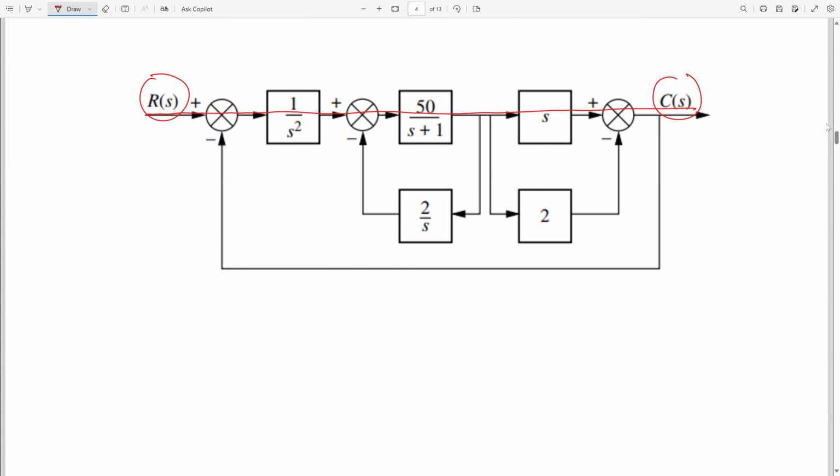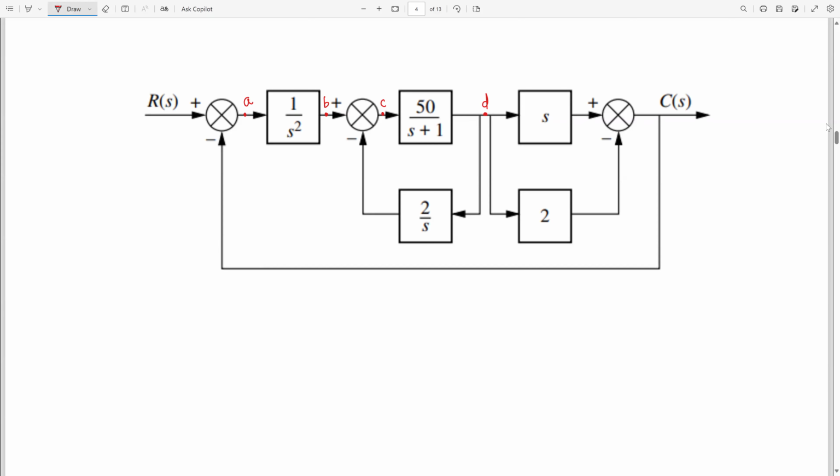Then after I've identified my forward path, I have to identify my internal signals. So my internal signals are going to be the signal here, A. Then I go ahead of this block, B. Then I go ahead of this summing junction, C. I go ahead of this block, D. There's a pick-off point, which shows that the signal on this branch right here is going to be the same.